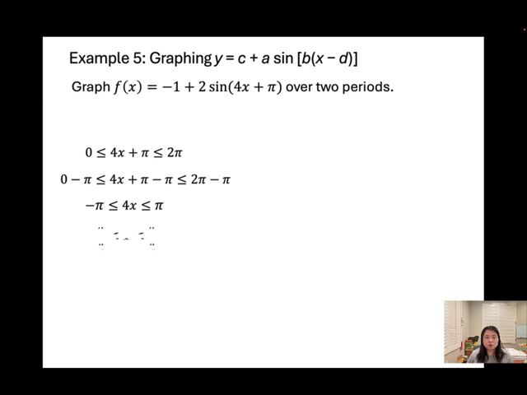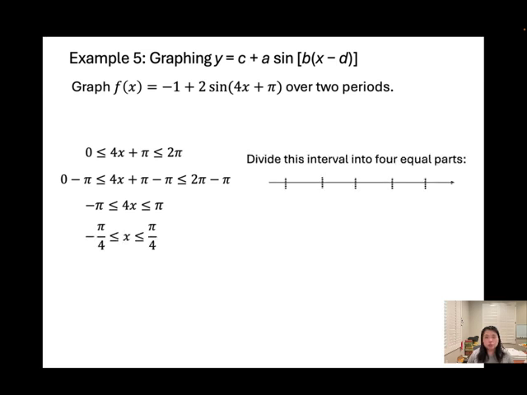Divided by 4. Okay, and then we're going to divide it into 4 equal parts. So we have a negative pi over 4 and pi over 4. Try to figure out these 3 points. Okay, that would be the midpoint, added up, divided by 2.